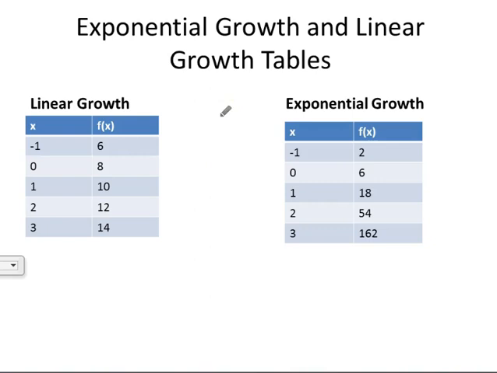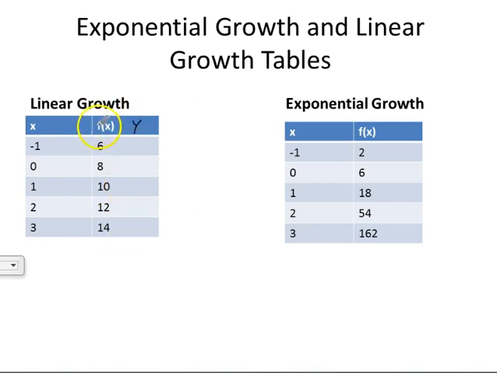So we talked about exponential growth and linear growth and how we can determine that from tables. I want to review this because it's going to be helpful this week in a couple of your sessions. If we are looking at a table, we can see whether we have linear growth or exponential growth by focusing on the f of x, or sometimes your y column.